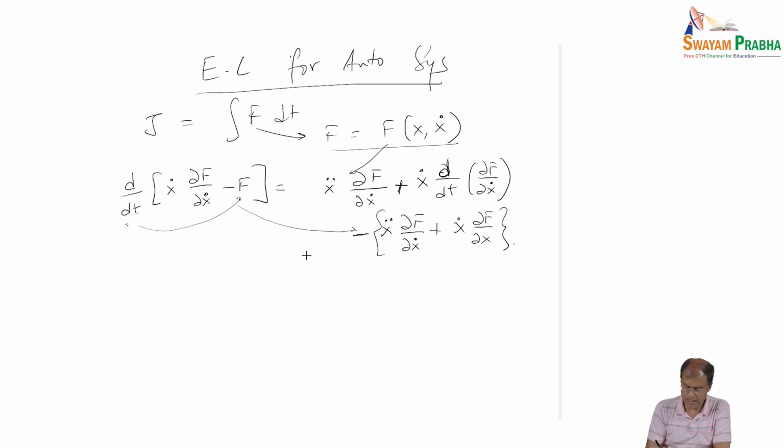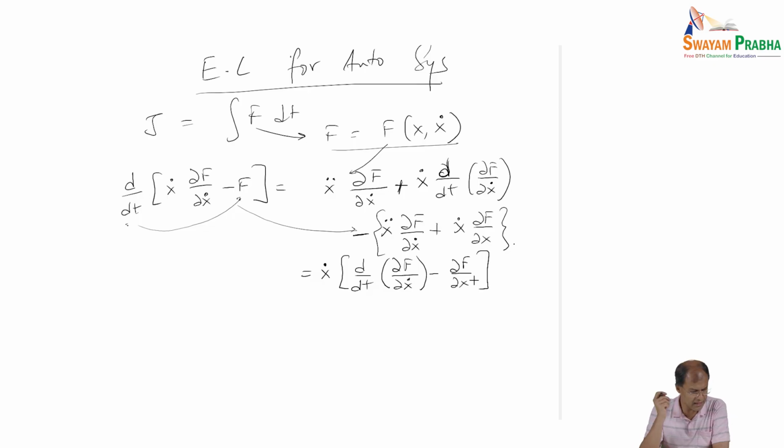This is also equal to x dot times d dt of partial f partial x dot minus partial f partial x.